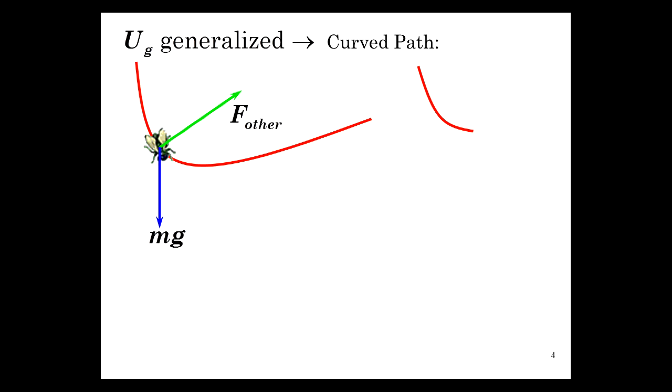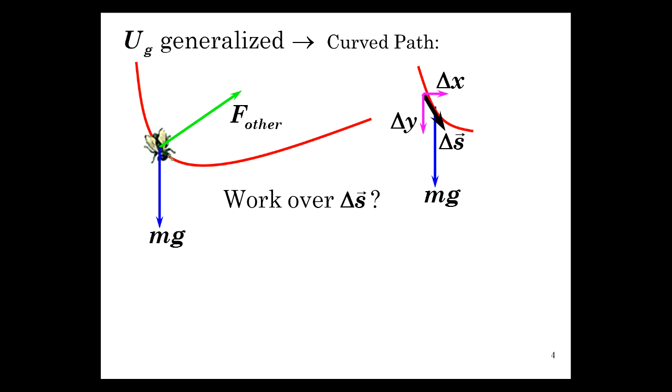And we're going to show a little more detail here. Position of the bug. We have motion along the path delta s. You can consider that ds at that point. So we have a delta x and a delta y associated with delta s, with the weight acting straight down.